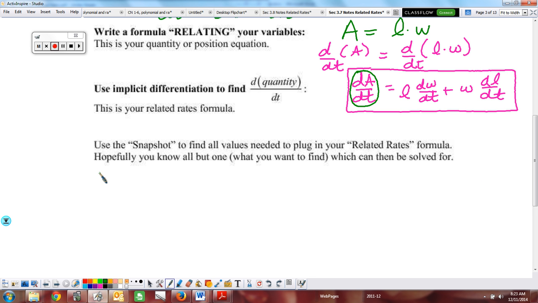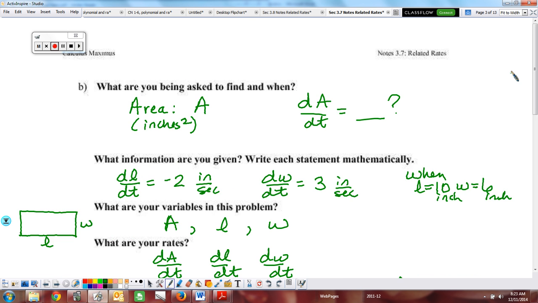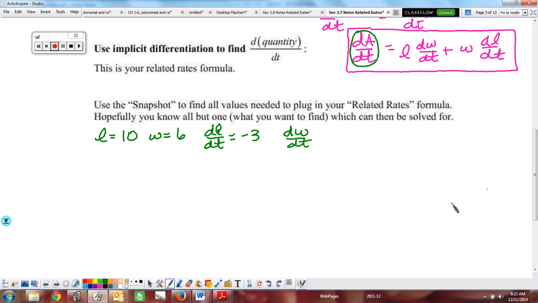So your given information, your when, your L is 10, your W is 6, your dL/dt was negative 3, and your dW/dt, I think I have that backwards. The dL/dt was negative 2, and dW/dt is 3.